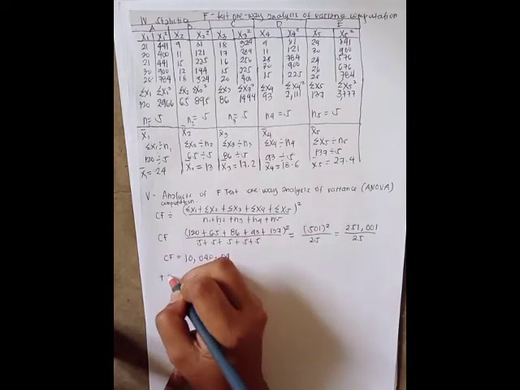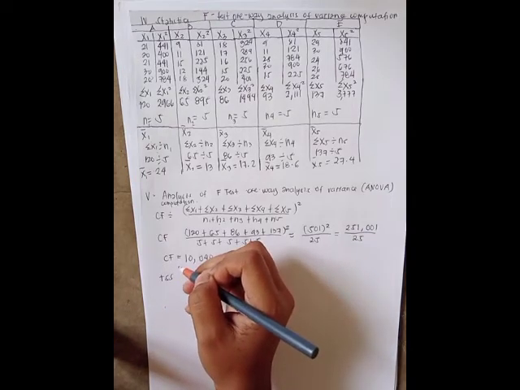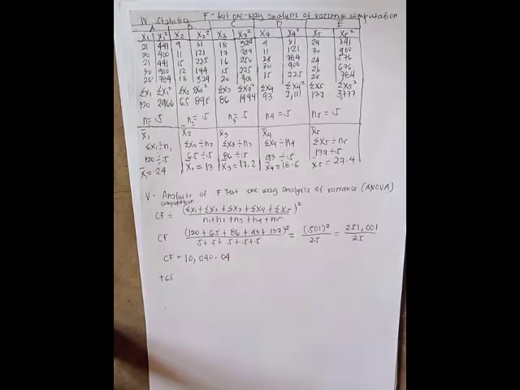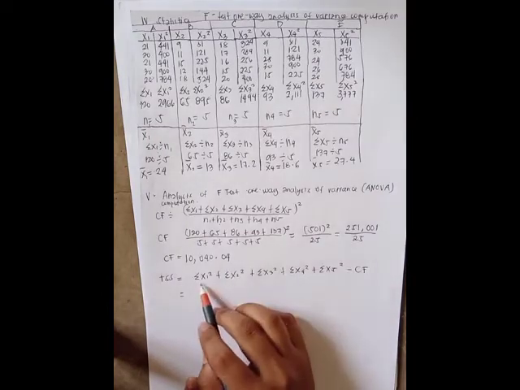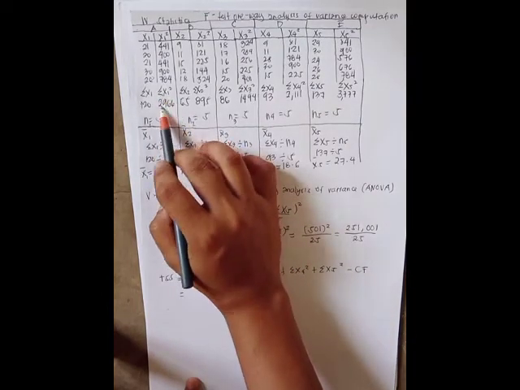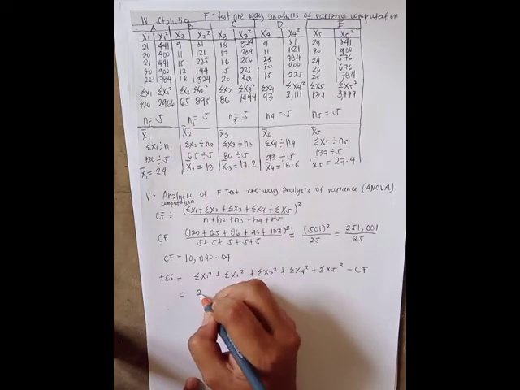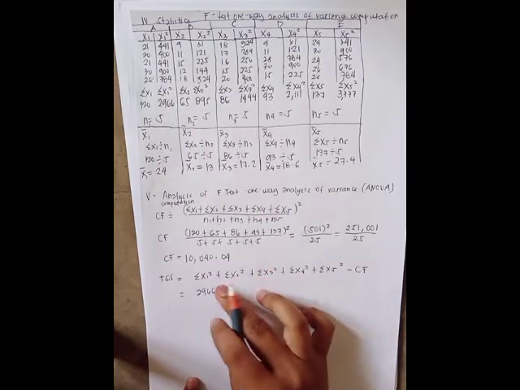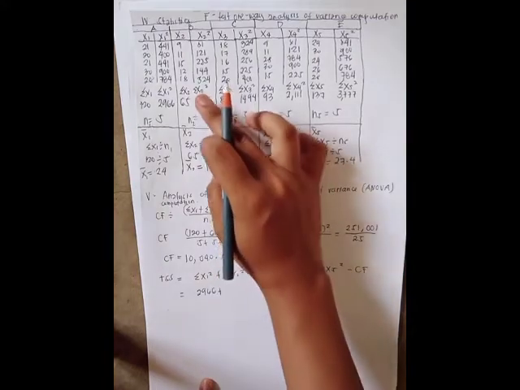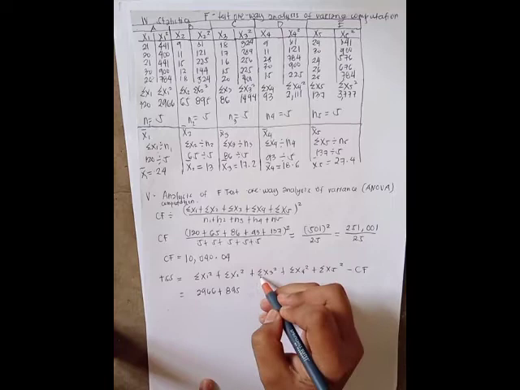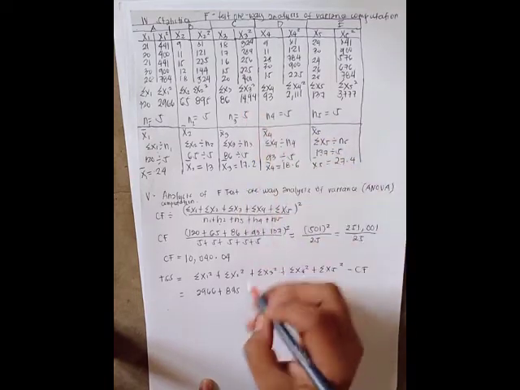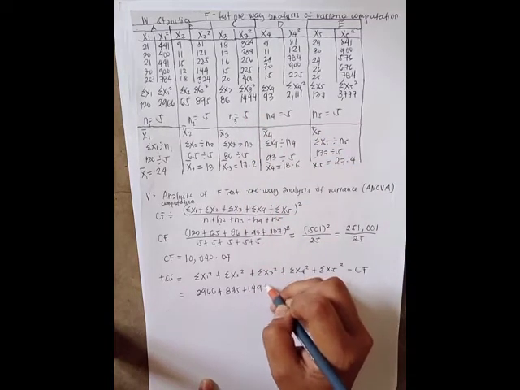To get our TSS, or our total sum of square, we just need our sigma x1 squared, which is here 2,966. Add it with our sigma x2 squared, which is here 895, and add it with our sigma x3 squared, which is here 1,494.